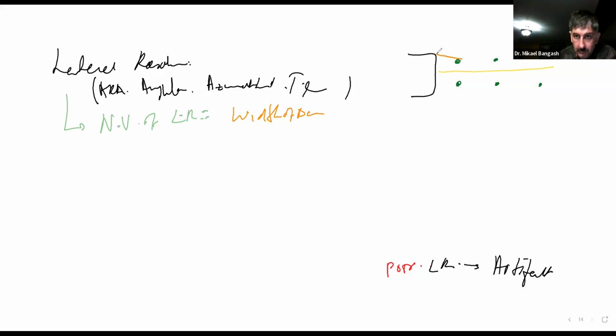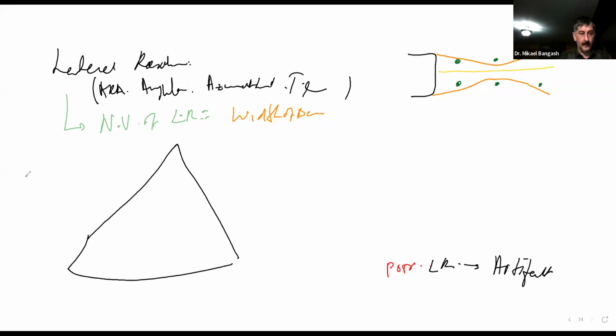Which we know. It goes like this. So if we get an image here, we can mainly say that this pair here of reflectors is going to be a poor lateral resolution, whereas this set here is going to be a good lateral resolution.